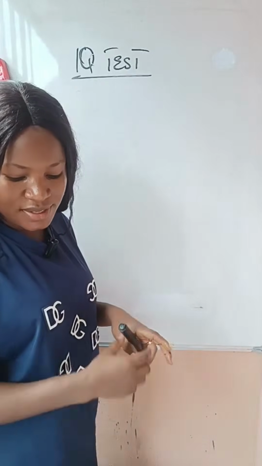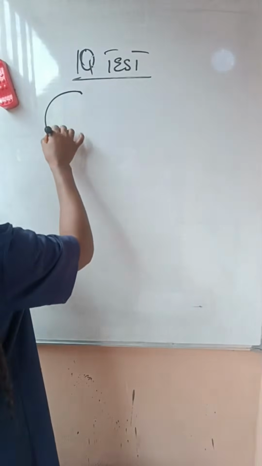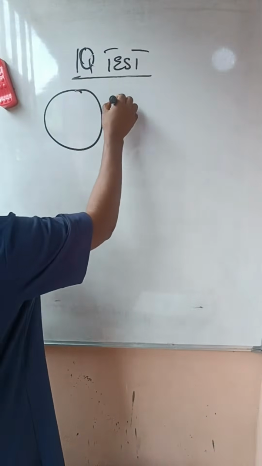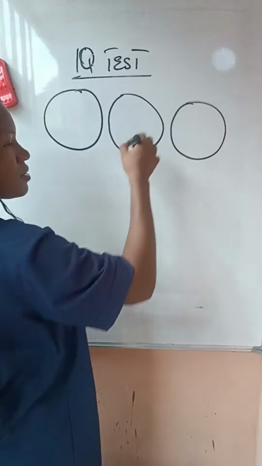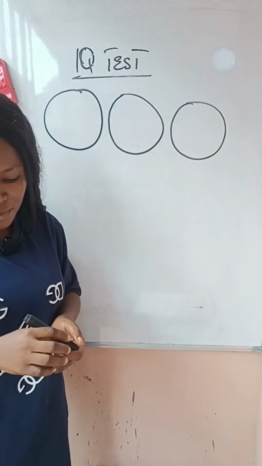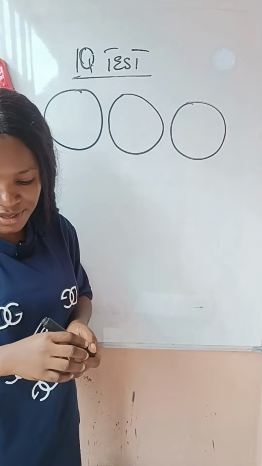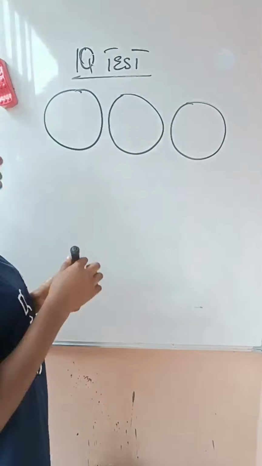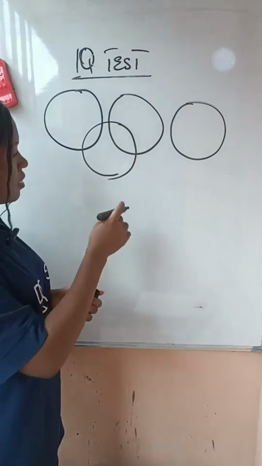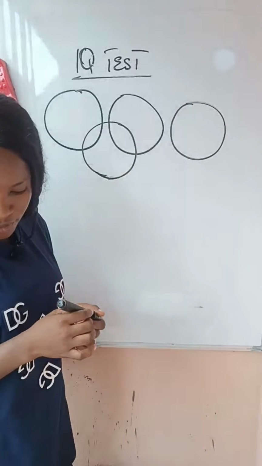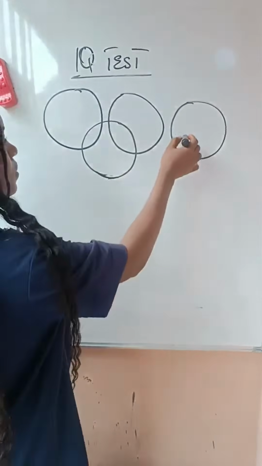Okay, now the next question. The next question is this. Something similar to this, but this is quite different. This is meant to be circles. I'm sorry if I'm drawing what you don't understand, but these are supposed to be circles, okay? Then we have this, and we have this as well.